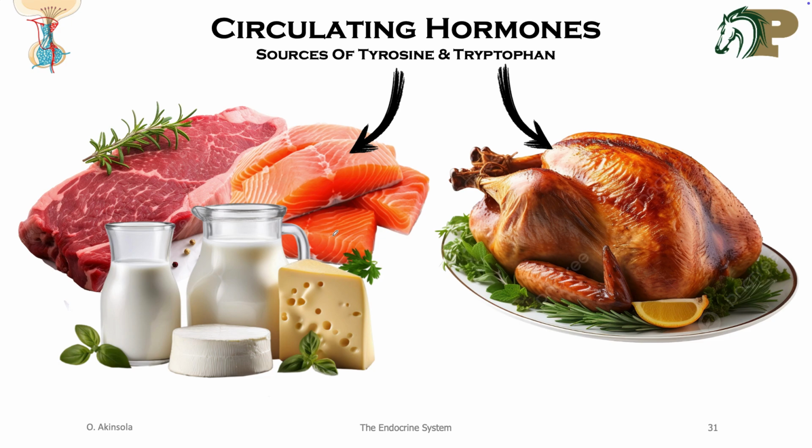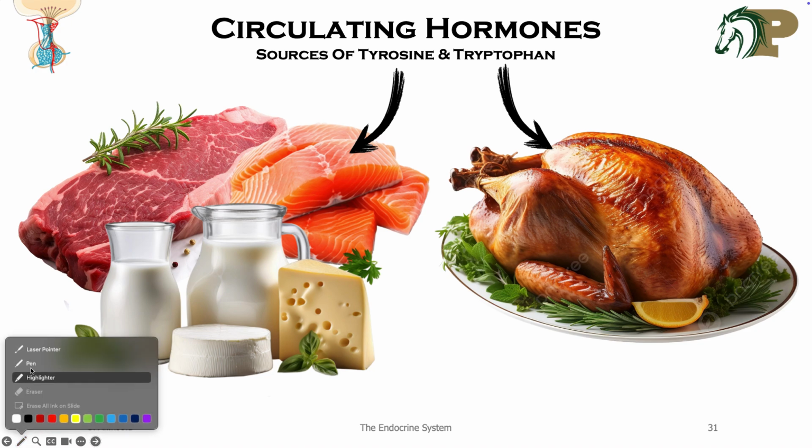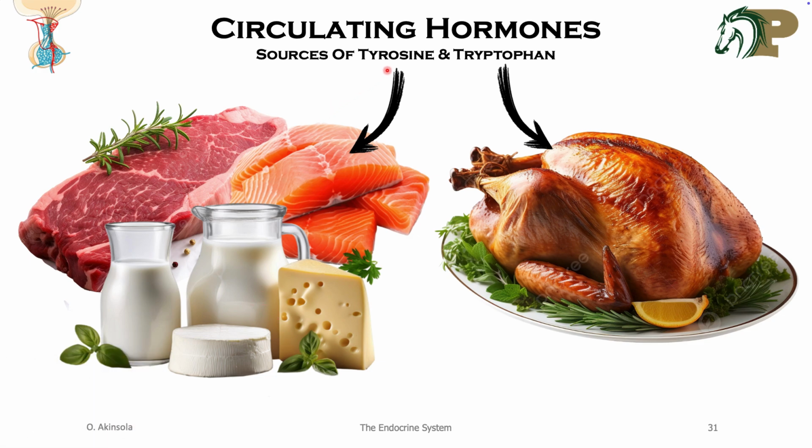As far as sources of tyrosine and tryptophan, high levels of tryptophan can be found typically associated with turkey, but it can actually be found in a number of different sources of poultry. So it's not just turkey, it's chicken, duck, hen, all those different things. And then tyrosine is going to be found in things like red meat, salmon, dairy, cheeses, things of that nature.